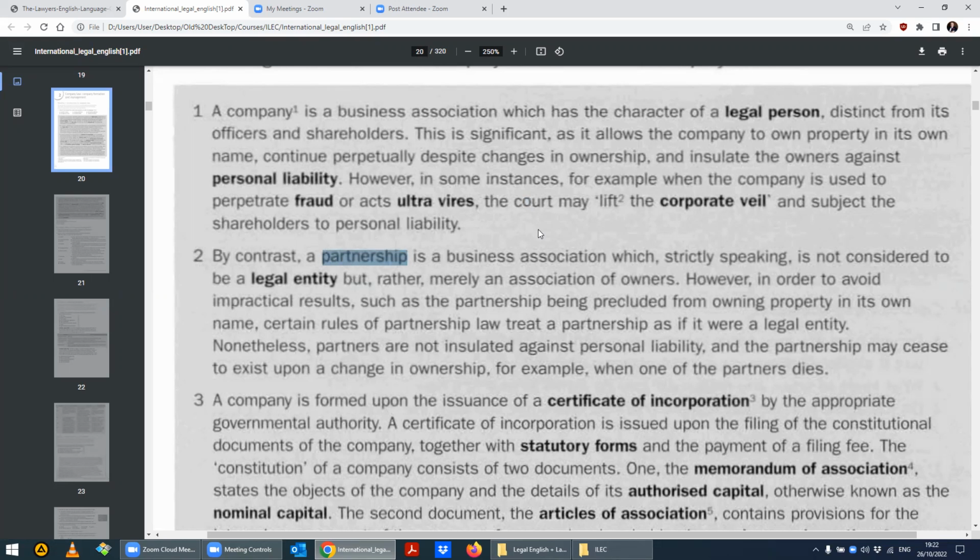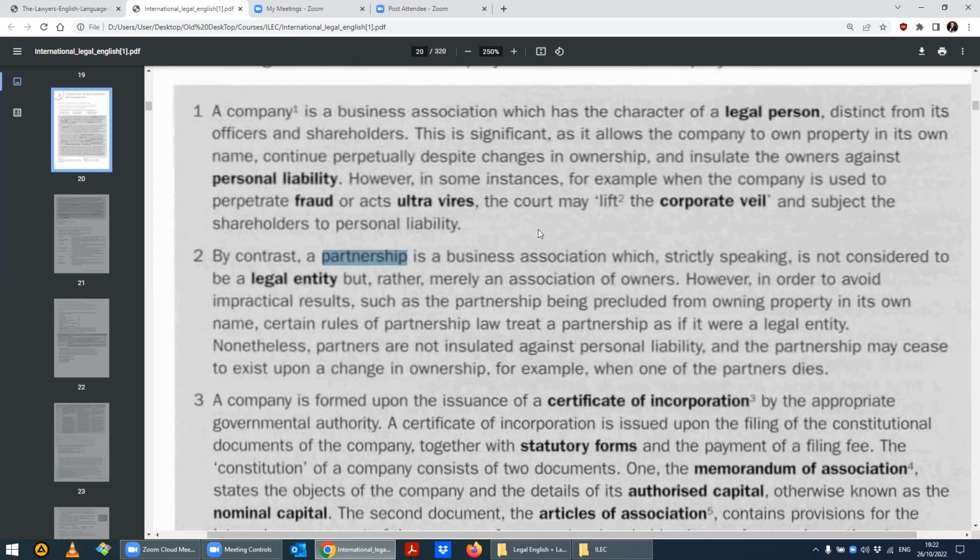A partnership is merely an association of business people. The definition of partnership is two or more people acting together for a common purpose with a view to making a profit. So if I said to you, oh, let's all go to the cinema this evening, well, we've all got a common purpose in meeting outside the cinema, but we're not intending to go into business, so it's not a partnership, it's just a loose social arrangement.